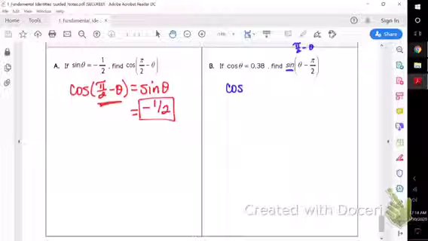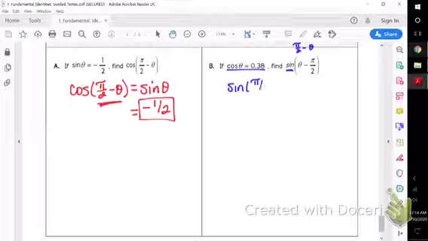So the first thing I'm going to do, well, first let's look at this. We know that cosine, I think I just erased something. Okay. Alright, so we know that since we're dealing with cosine here, if we had sine of pi over 2 minus theta, that would equal cosine of theta, correct?